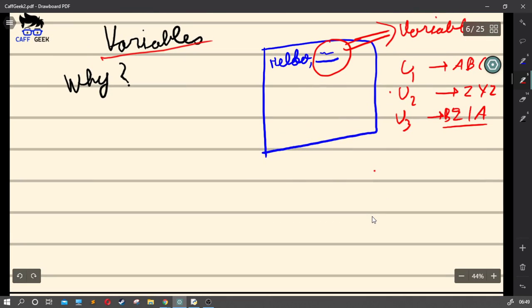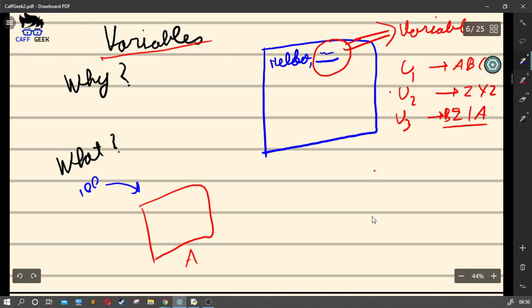So what is a variable? Variables are nothing but a placeholder. You need to understand why we use a placeholder. Let's say we have a box. The box has the name A. We can store any value we want. We can store 100, we can store 200, we can store 300, anything we would like to store, we can store in a variable.